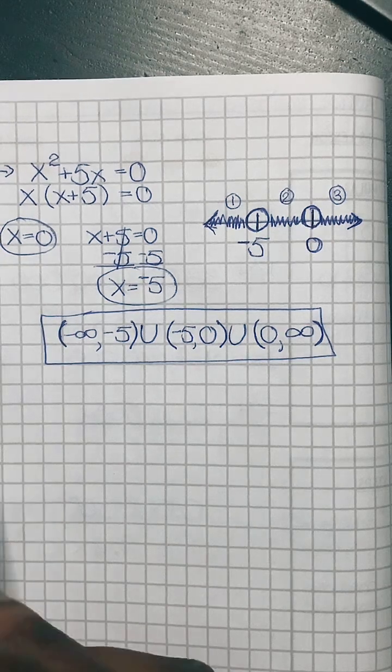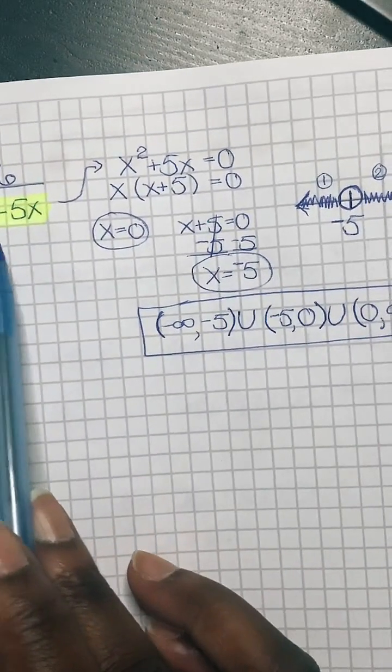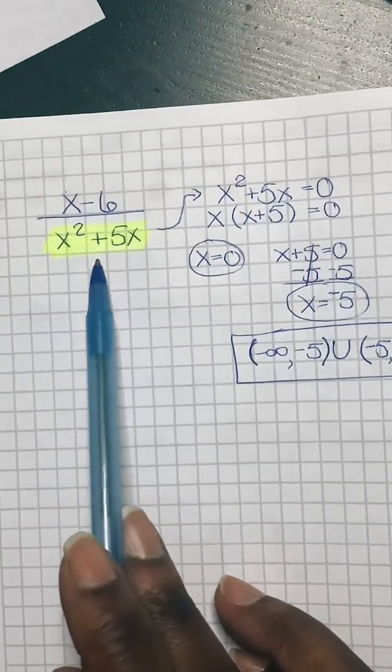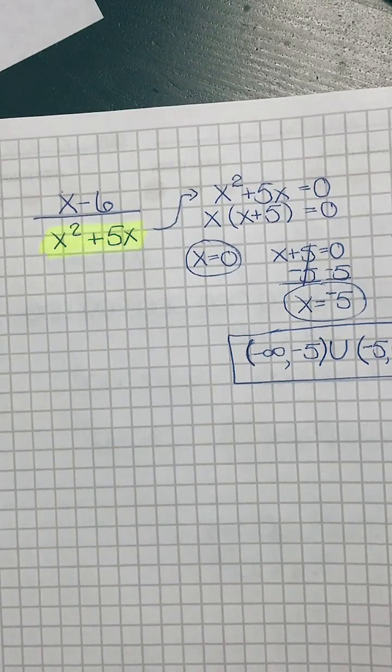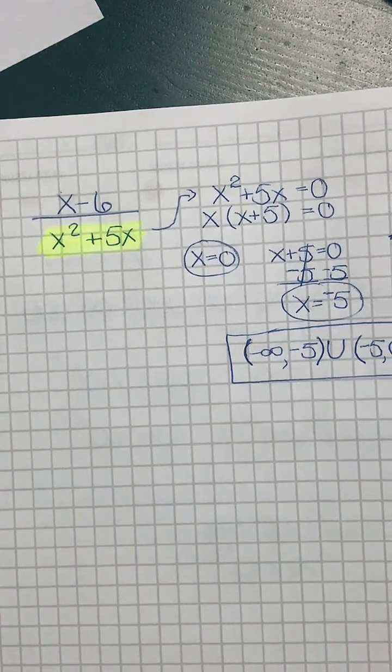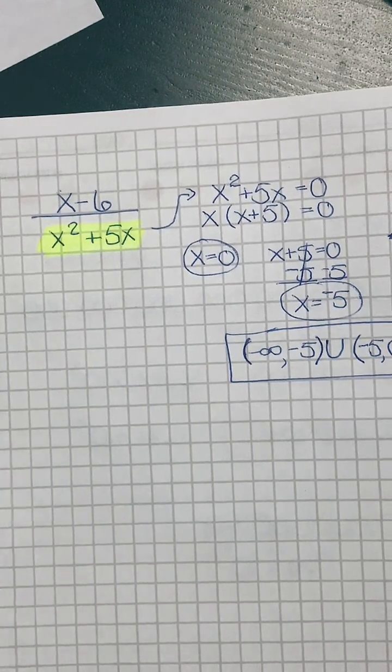And then, we're just finding the domain. We're not solving. We're not factoring. Okay. All right. So that's going to be our limitation.